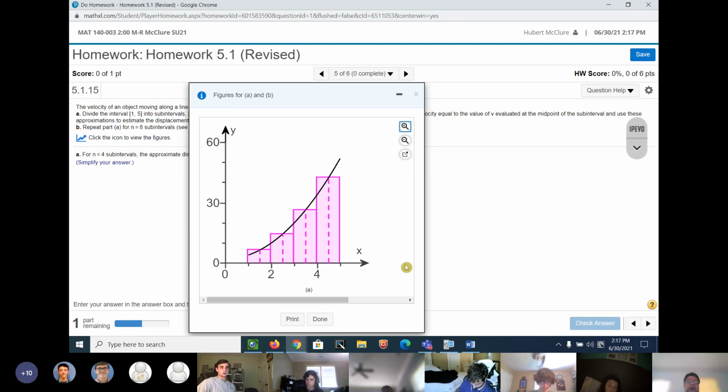So we've got each equals 10. So 10, 20, 30, 40, 50, 60. And 1, 2, 3, 4, 5, 6.